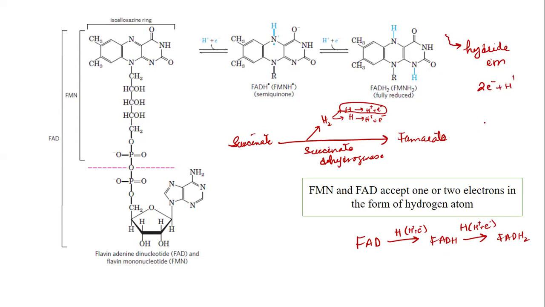But FAD can accept electrons in the form of hydrogen atoms, one electron and one proton. So FAD can completely accept molecular hydrogen and be converted from FAD to FADH2, accepting both hydrogen atoms into its structure. As you can see, one hydrogen atom and a second hydrogen atom.